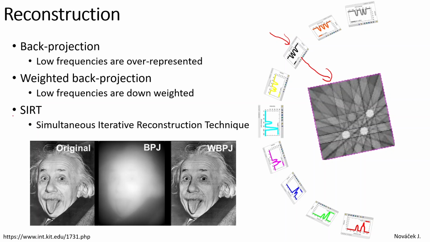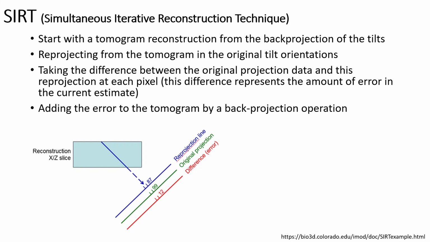The last one is very interesting, the simultaneous iterative reconstruction technique, which is iterative. Therefore, it's more time consuming and more computationally intensive. What we are doing is starting with a weighted back projection of our tomogram. We have a reconstruction of our tomogram, and from this tomogram we project back into the original directions of our tilt series.